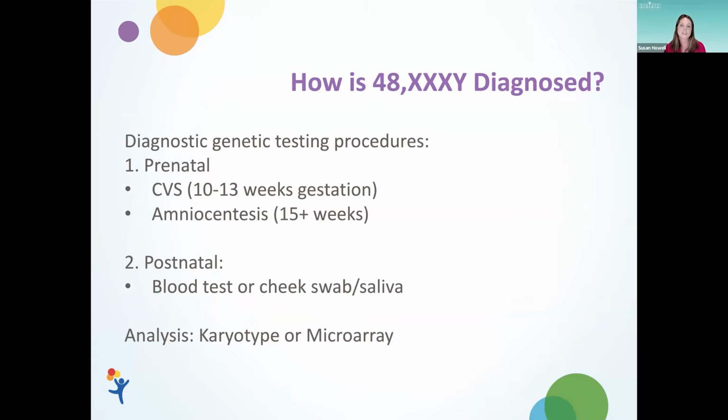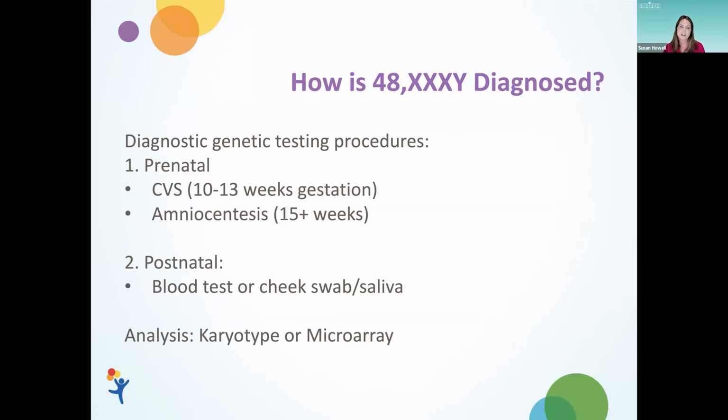So how is diagnostic testing performed? Prenatally, it can be done either by a sample of the placenta or amniocentesis. Amniocentesis is a more preferred method of doing prenatal diagnosis with an NIPT result because it's not testing the cells of the placenta like CVS does, but actually testing the fluid from around the developing baby.